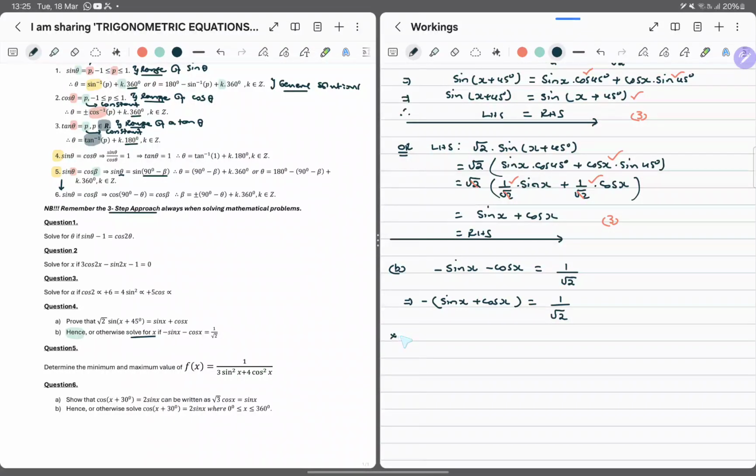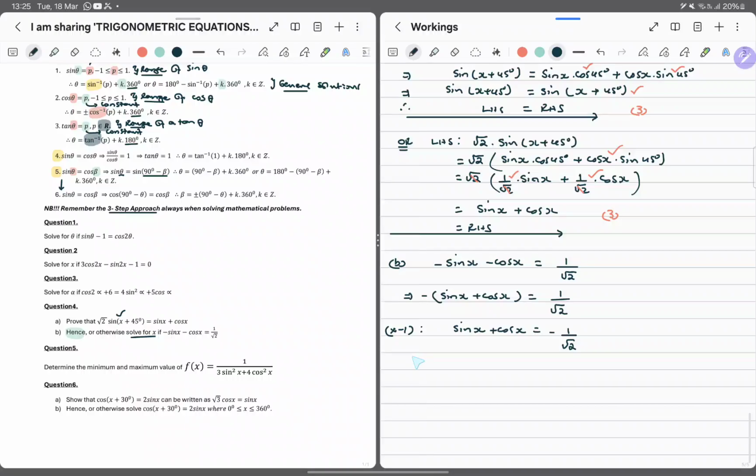Now we can multiply on both sides by minus 1. What do we get? We get sine x plus cos x is going to be minus 1 over square root 2. Great. Now we have it the way we know. But guess what? What did we get told? Sine x plus cos x is this left hand side.